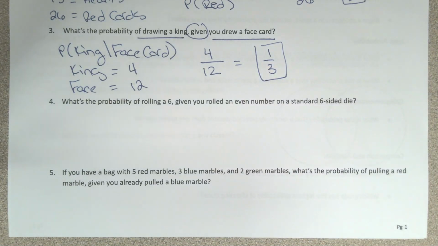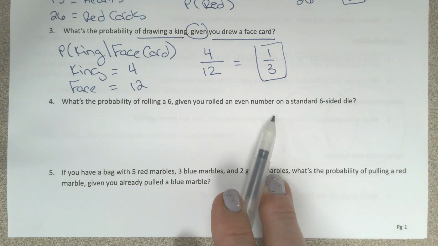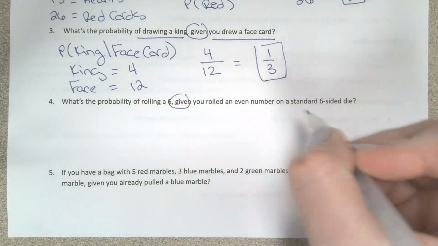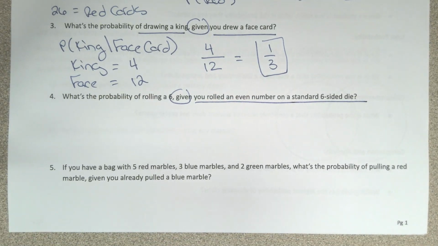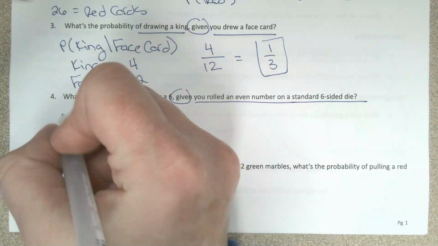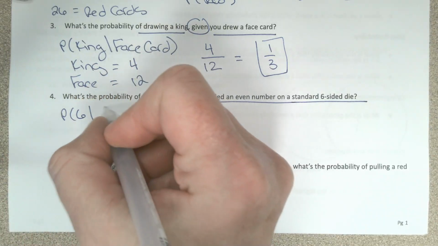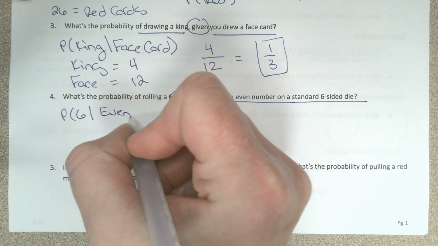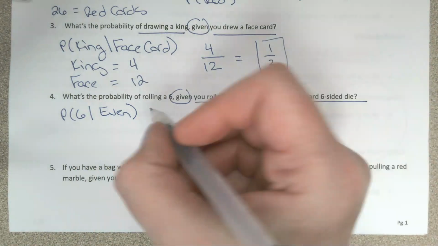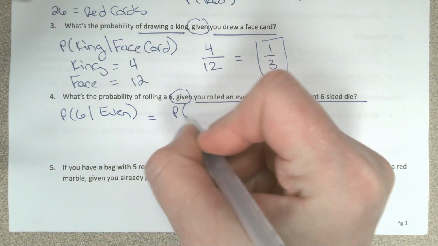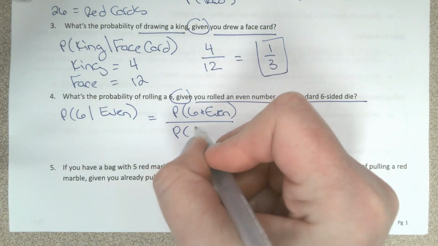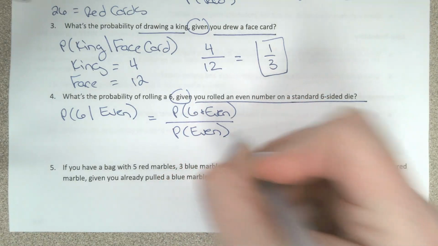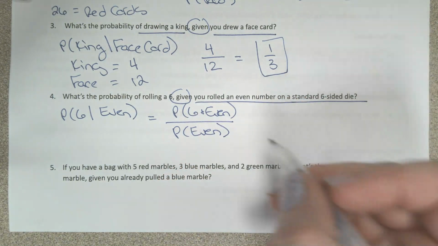What's the probability of rolling a 6 given you've already rolled an even number? All right, so I want the probability that I draw a 6 given an even number. So I want the probability of 6 and even divided by the probability that it is even.